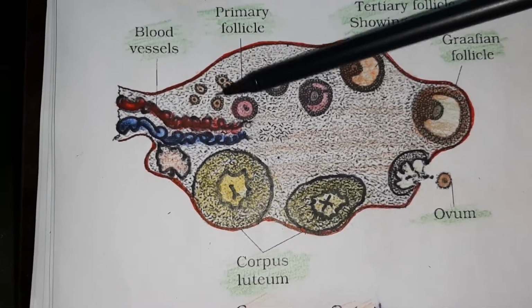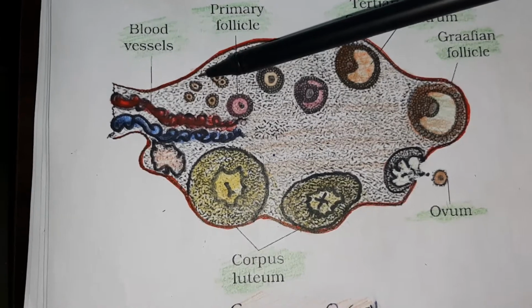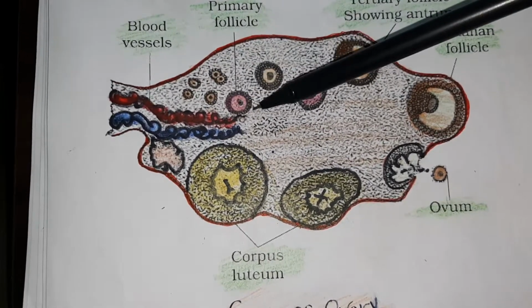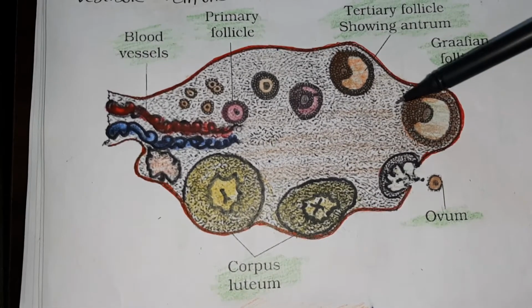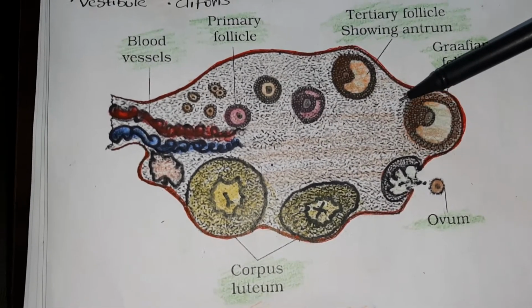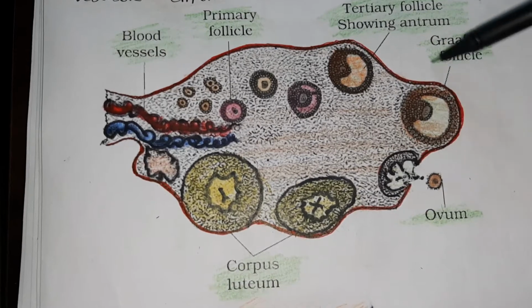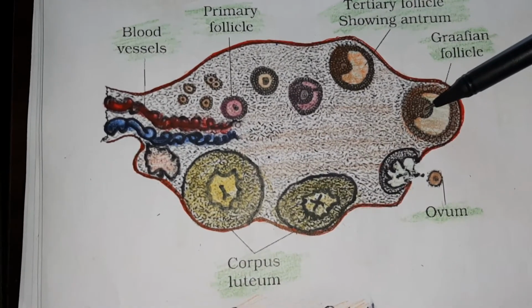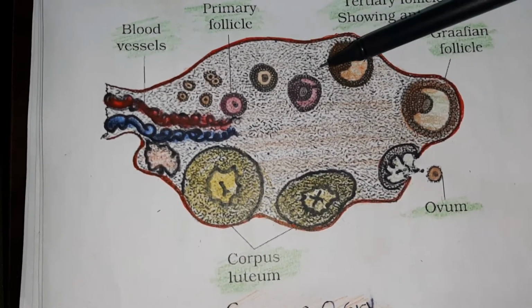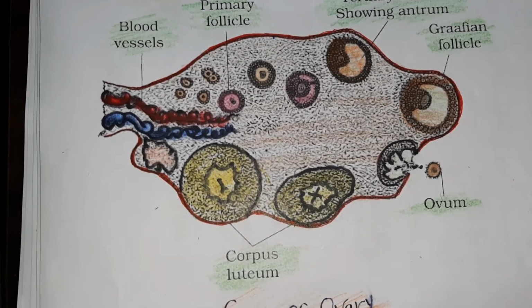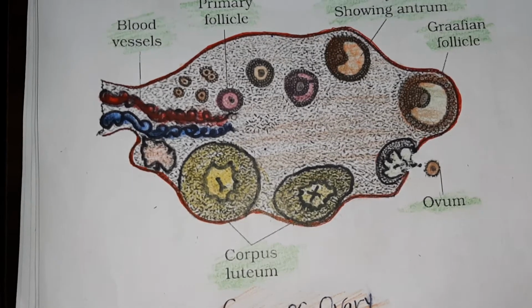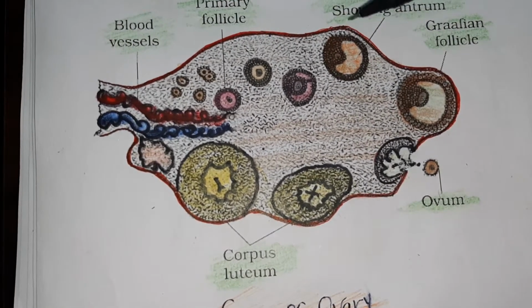So here in this section of the ovary, you can see primordial follicles, then primary follicles, secondary follicle, tertiary follicle, and finally the final follicle which we call the Graafian follicle, having the secondary oocyte. Oogonia are produced in the ovary. Oogonia are diploid, and the primary oocyte is diploid, formed after mitosis.